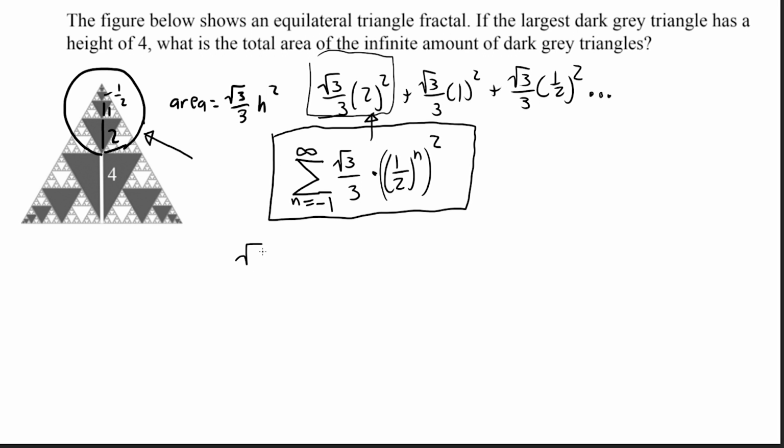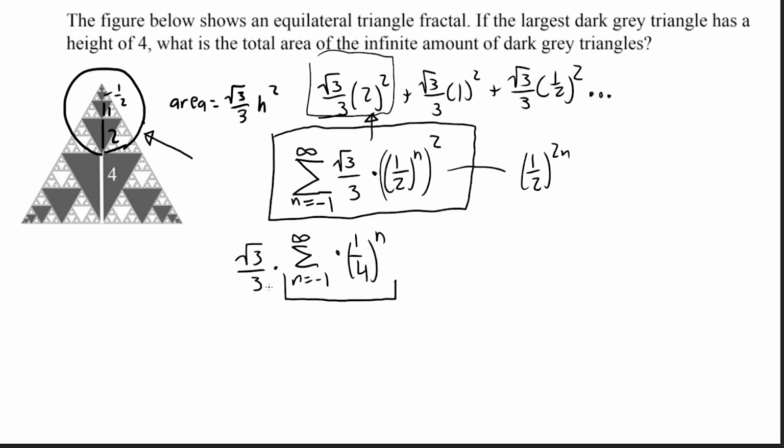So I'm going to rewrite this first by putting the constant out front, and then we have n equals -1 to infinity, and then I'm going to rewrite this as 1/2 to the 2n, which can be also written as 1/4 to the n. And so now we can find the sum of this infinite series and multiply it by √3/3. So using the formula for the sum of an infinite series, we have a over 1 minus r, and a is the first term, which is going to be 4, and then r is going to be 1/4, the common ratio.